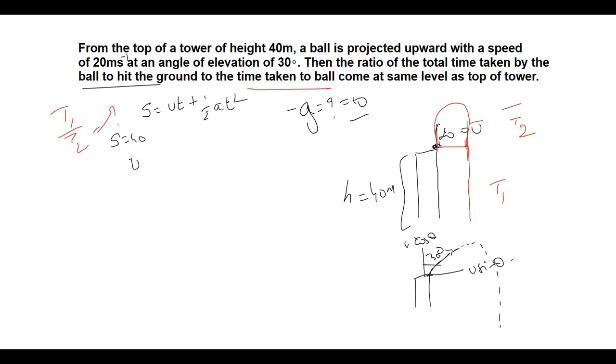Here it is going in the opposite direction, into 1 into minus g or plus g, plus, because going upward, sorry, it will come down, into t square, where g value is 10.